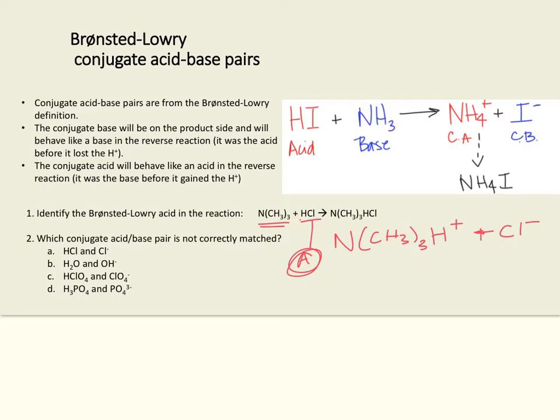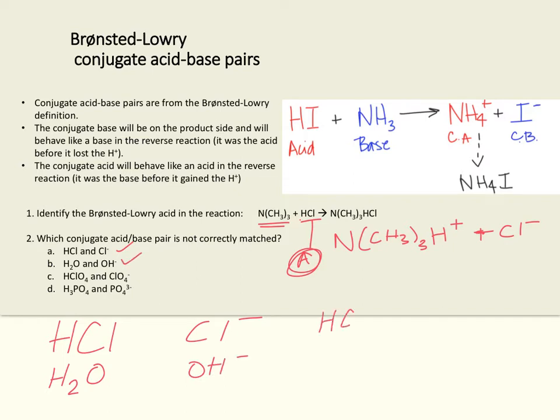All right, number 2, which conjugate acid-base pair is not correctly matched? So if this is an acid, then it loses a hydrogen, so its conjugate base would be chloride, and so A is correct. If this is acting as an acid, it's going to lose a hydrogen, and so it becomes hydroxide. So this one's correct.